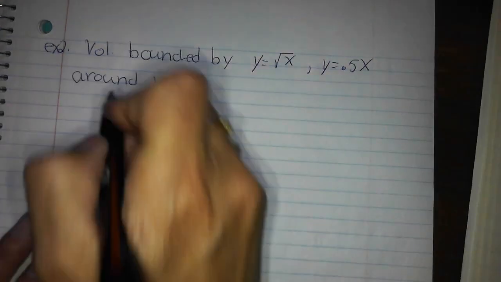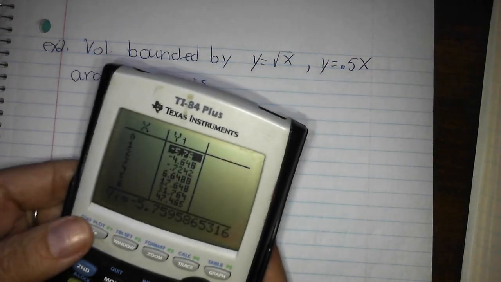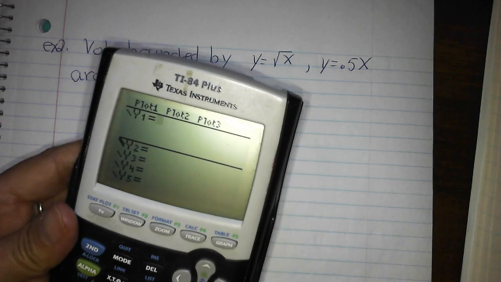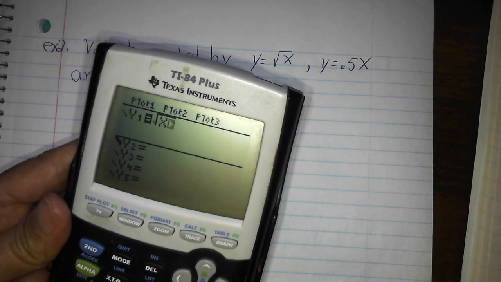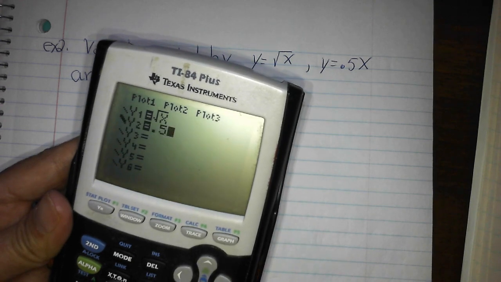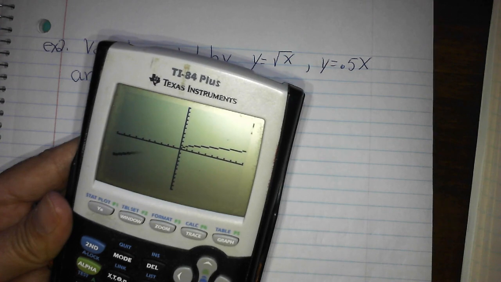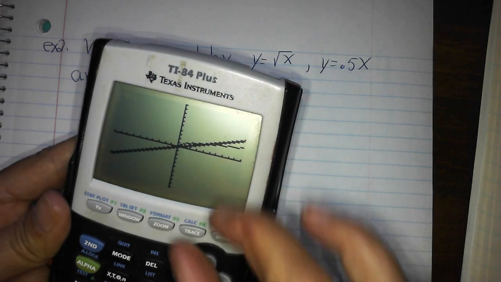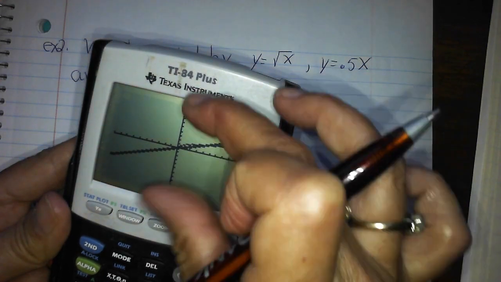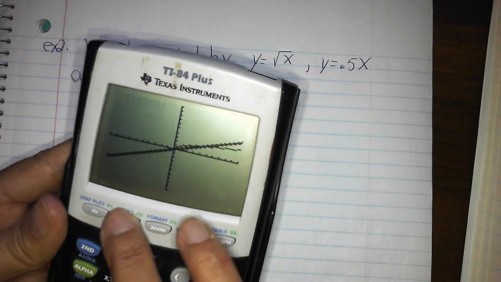So, graphing this one, I did not type these in. So we got, clear that out, square root of x, 0.5x. Okay, you can see that. If you want to see more clearly what's happening there, I want to stretch this vertically, so I want to get rid of some of the y-axis.